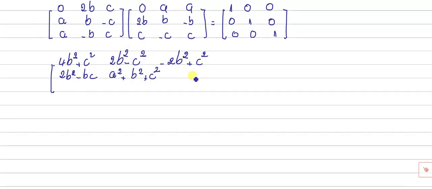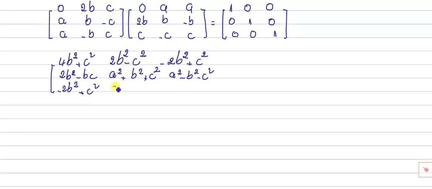And the next is A squared minus B squared minus C squared. And the last row with all columns is 0, minus 2B squared plus C squared.